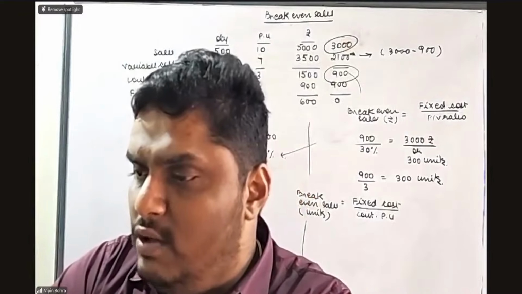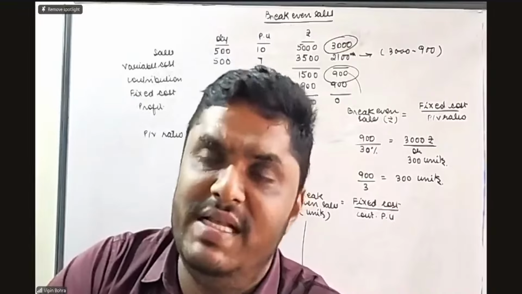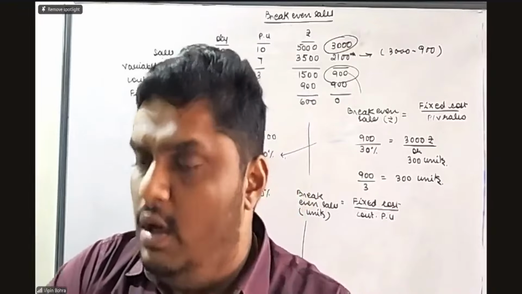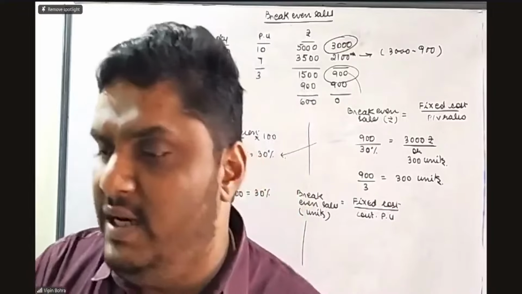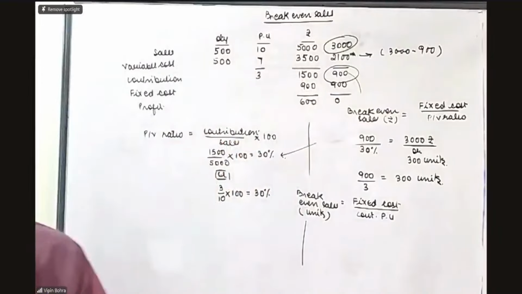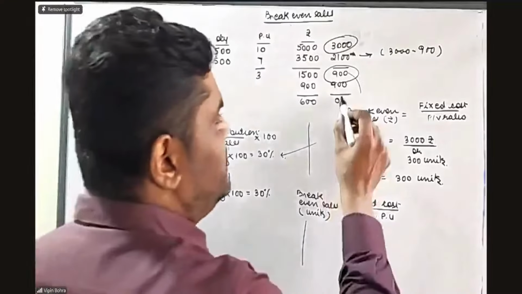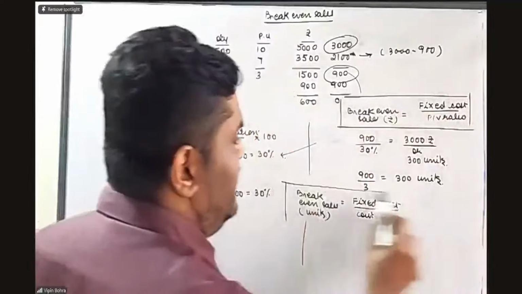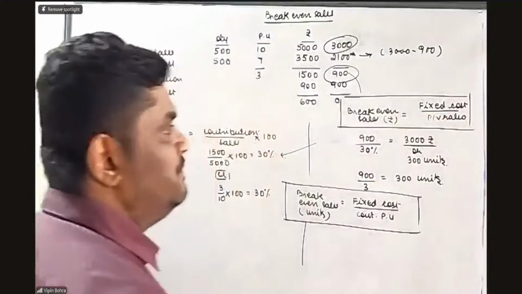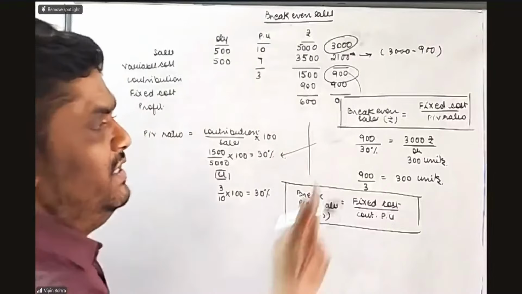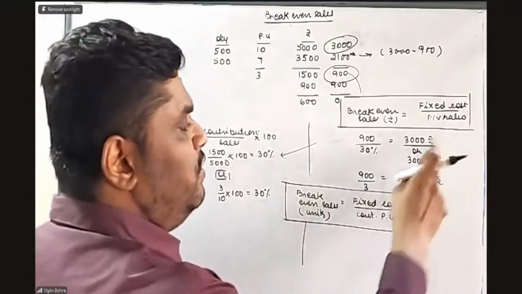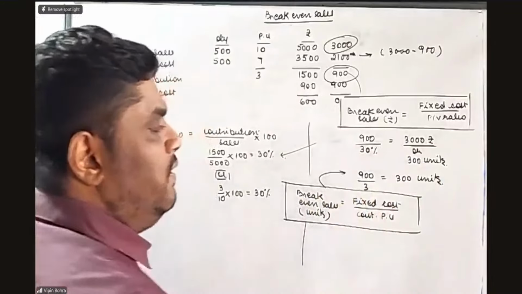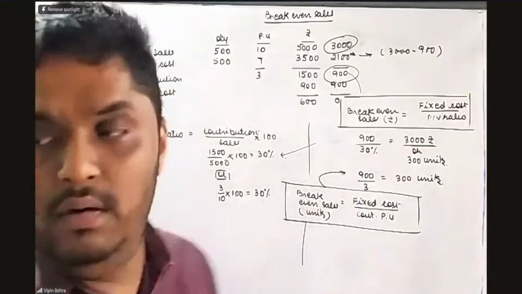Anyone else with any doubts or queries? I'm done with break-even sales and PV ratio. I request you guys to copy this explanation. And these are the two key concepts I have discussed, that is break-even sales in rupees and break-even sales in units. So it is fixed cost divided by PV ratio or fixed cost divided by contribution per unit.